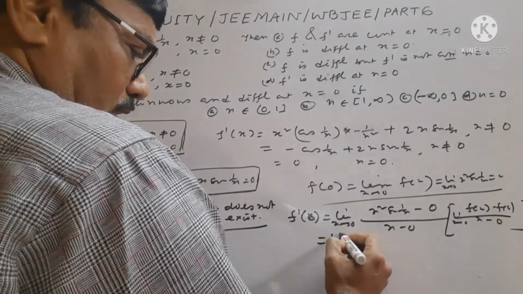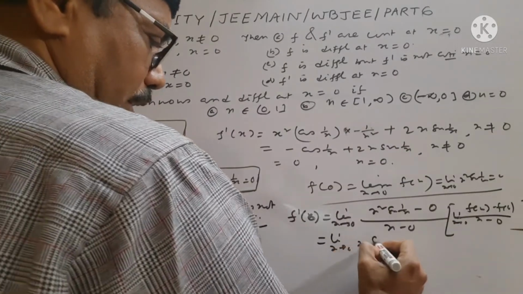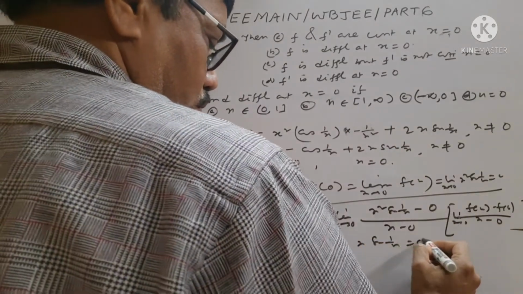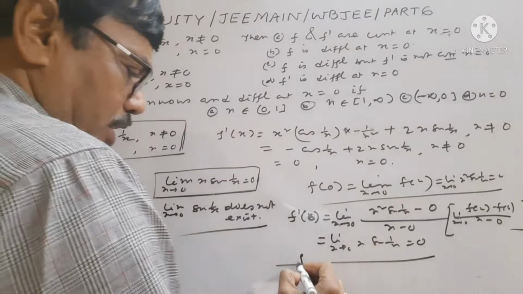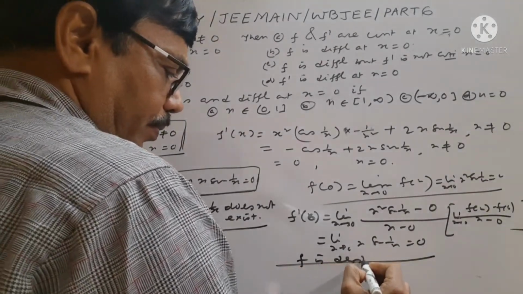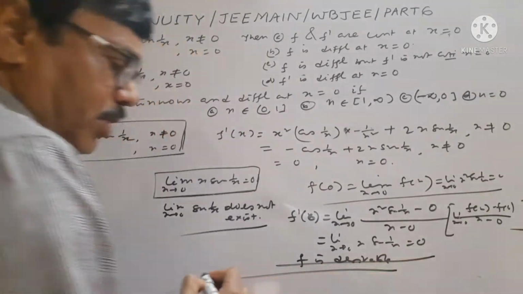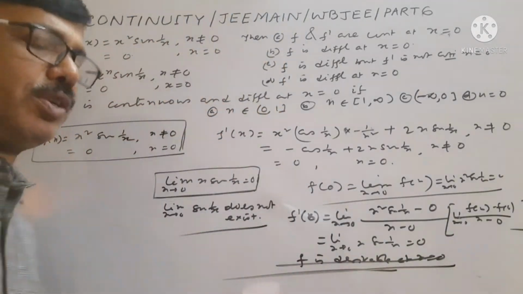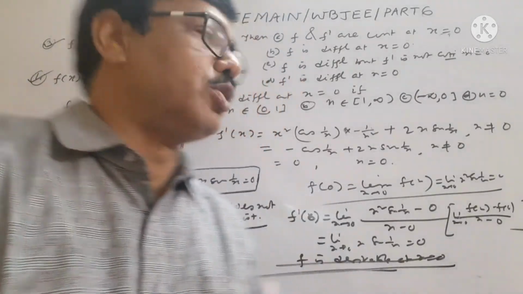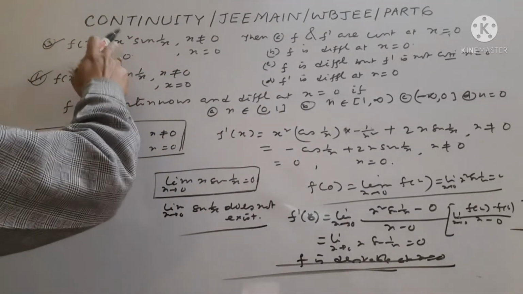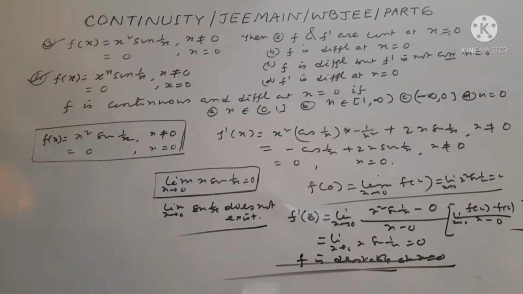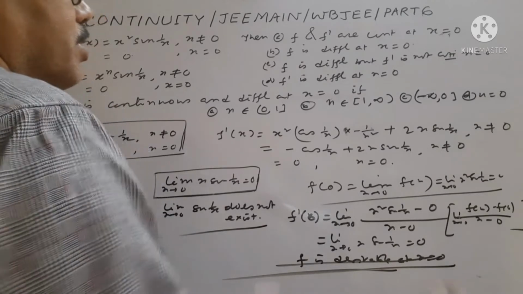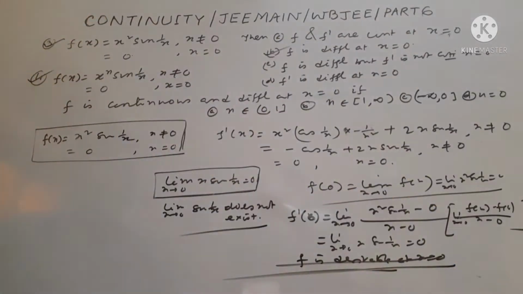So this is limit x tends to 0 of x sin(1/x), which equals 0. So f is derivable. So what is our observation? f is both differentiable and continuous at x = 0 for x² sin(1/x). So f is differentiable at x = 0.